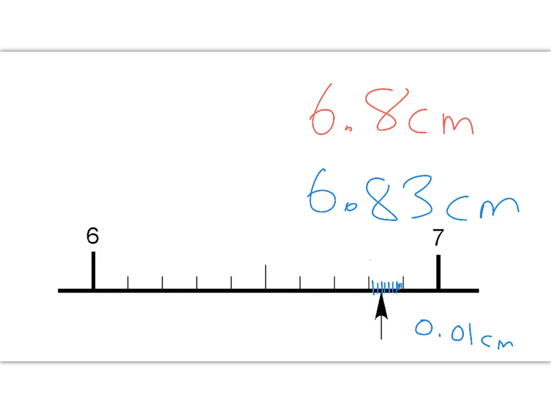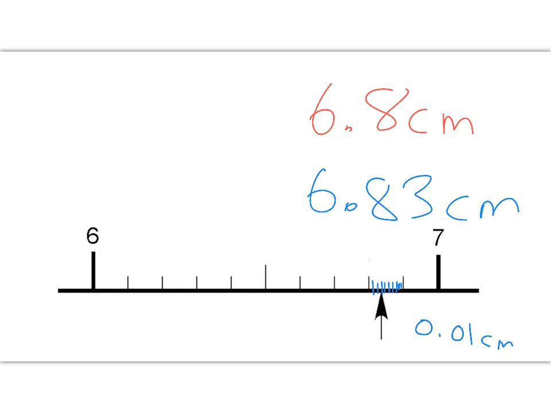In the scientific community, it's always best to include every digit that we are certain about. That's the 6 and the 0.8. We can be absolutely certain about that. And one additional digit. That is the one we estimate. We always include that.